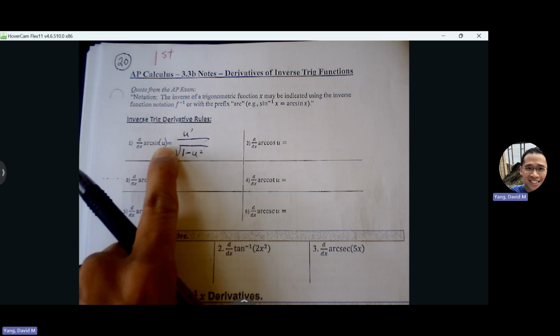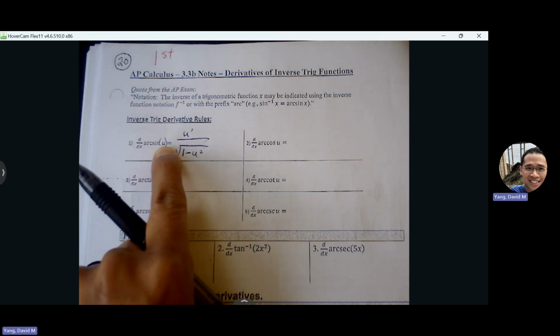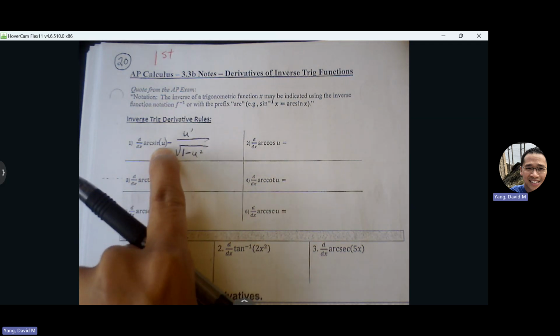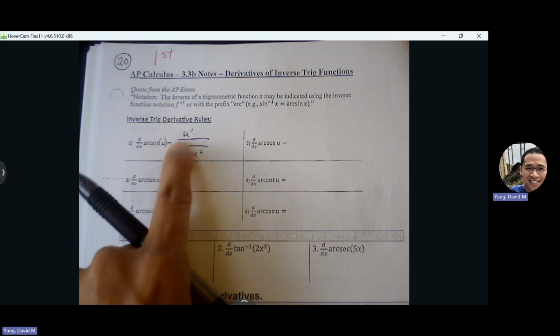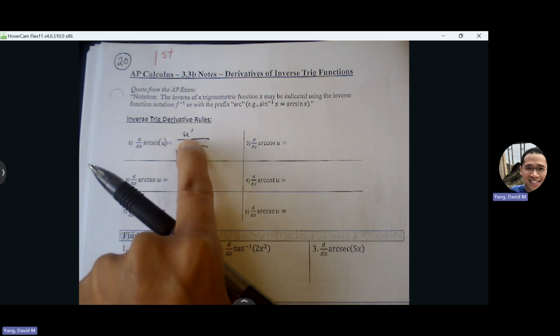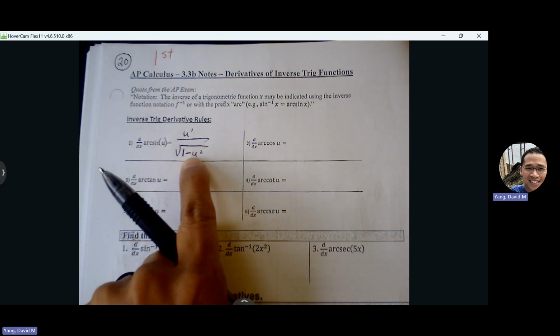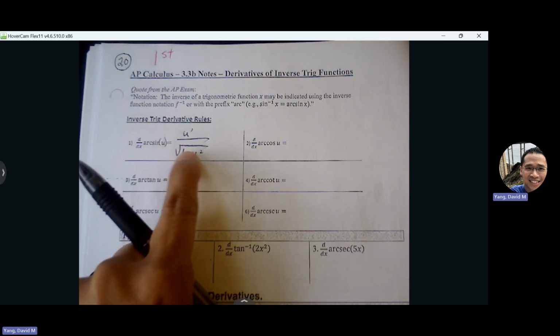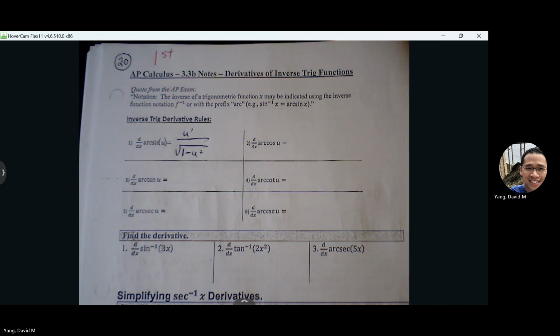But whatever is inside that location is your u value, and you're always going to take the derivative of that term. Again, if it's x, then u prime would just be 1. If it's 2x, then u prime will just be 2. All over the square root of 1 minus u squared. And u is, again, whatever is inside that arc sine.